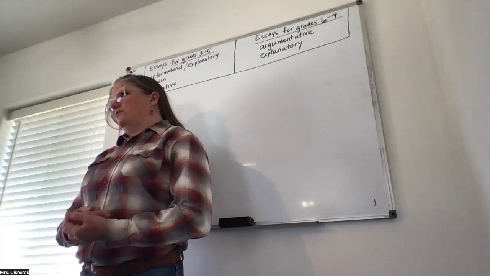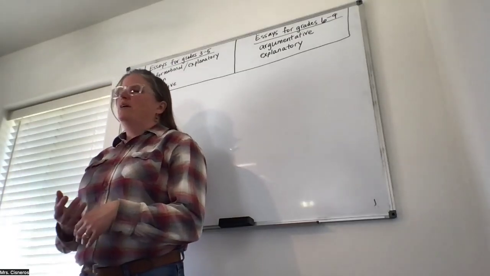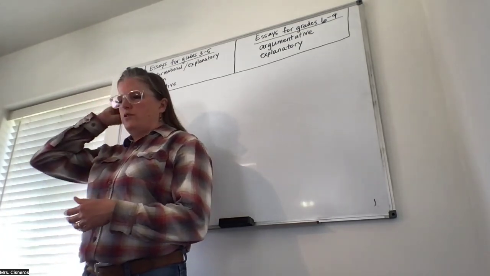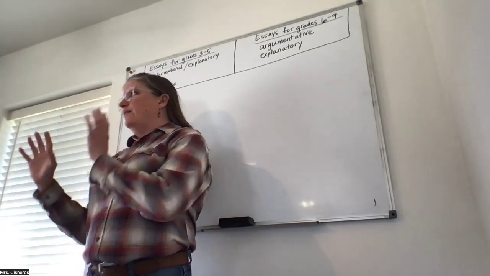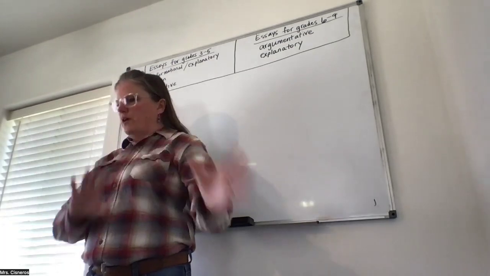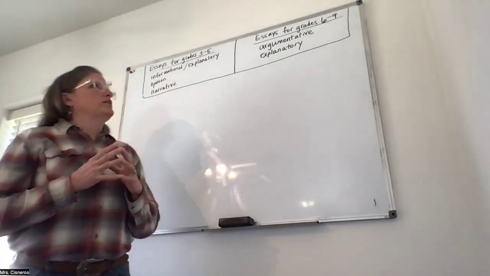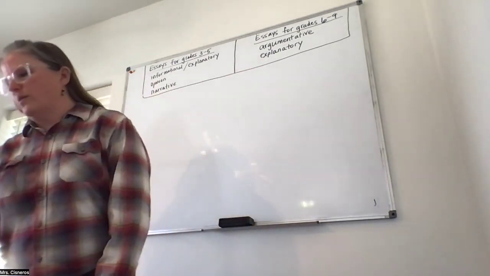So explanatory just means, you can see kind of the word explain in there. That helps you remember. So it's basically information. It's going to be pretty easy because you guys are used to taking articles, looking for information, and then you're going to build a keyword outline from what you read, and then put that together in paragraph form. So you're going to explain something, which is the one we're going to practice today, is explanatory.